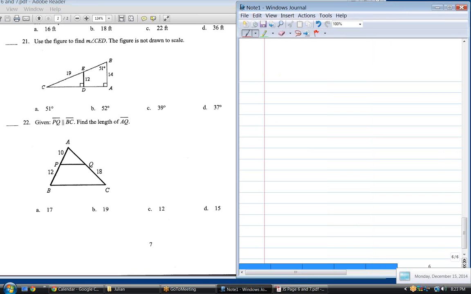Okay. They want the measurement of angle CED. What do we know about ED and AB?